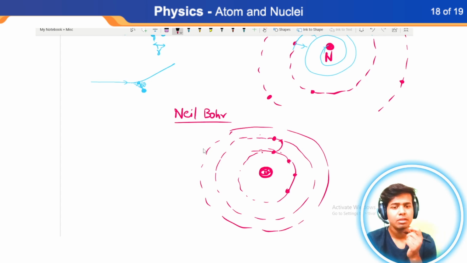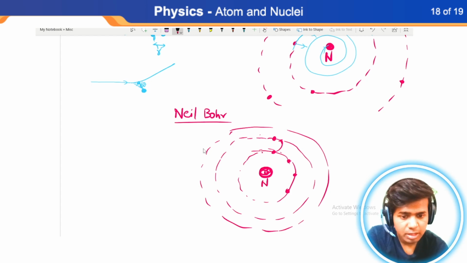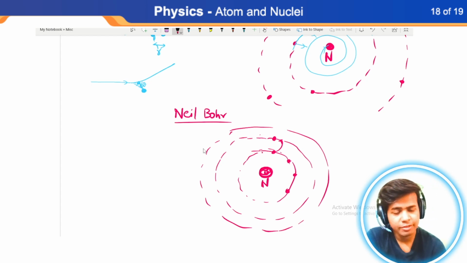He also gave a particular velocity as per the atomic number of the nucleus and the number of the shell as well. So he gave velocity, he gave energy levels, and he gave a few parameters as well.